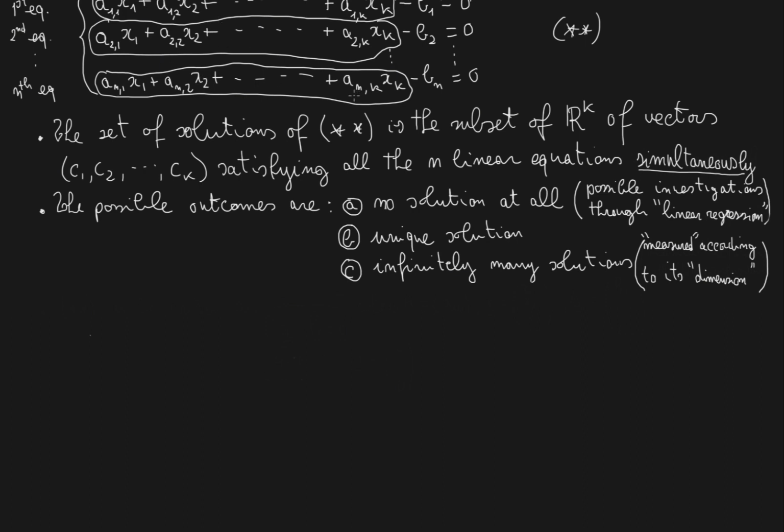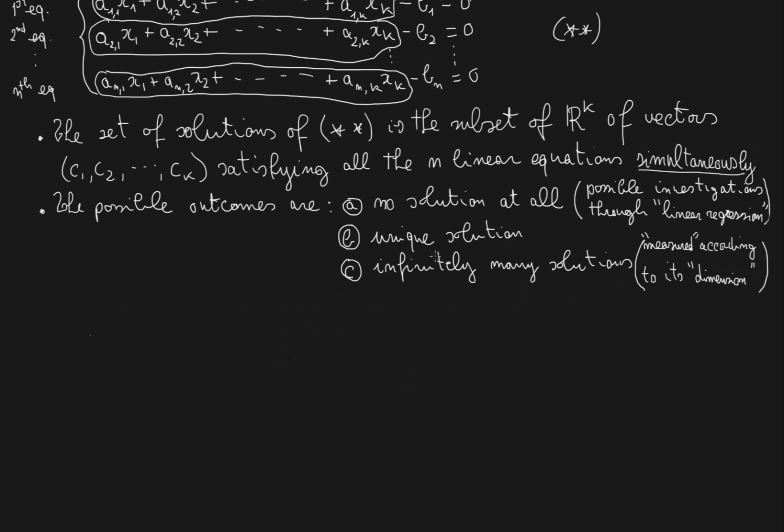Of course, there is no exact hyperplane passing through all the individual solutions of each of these equations, because we are assuming that there is no exact solution at all. But we can still try to find the best fit to all these individual solutions of every equation. This technique is called linear regression, and it is a very interesting technique used in data analysis, but we will not be covering anything of this in this course.